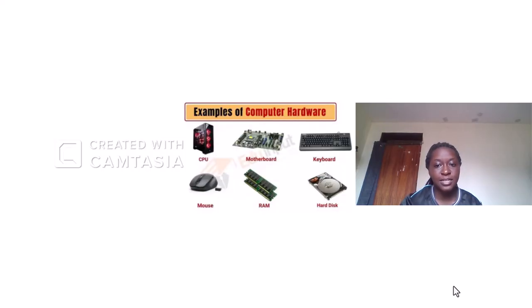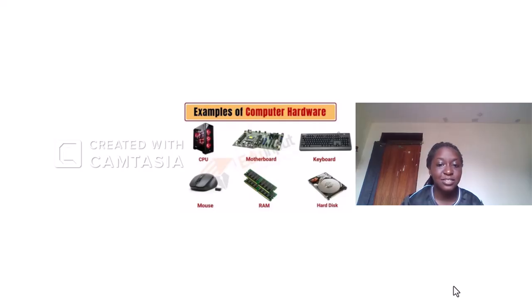These are other examples of computer hardware. I have the CPU, the central processing unit, and the motherboard. Sometimes when you look at your computer, you may not see these things, but they are inside. The motherboard you won't see outright, but when they remove that first layer, for example on a laptop, if they remove the keyboard, it's down there. That's where you'll find the motherboard.